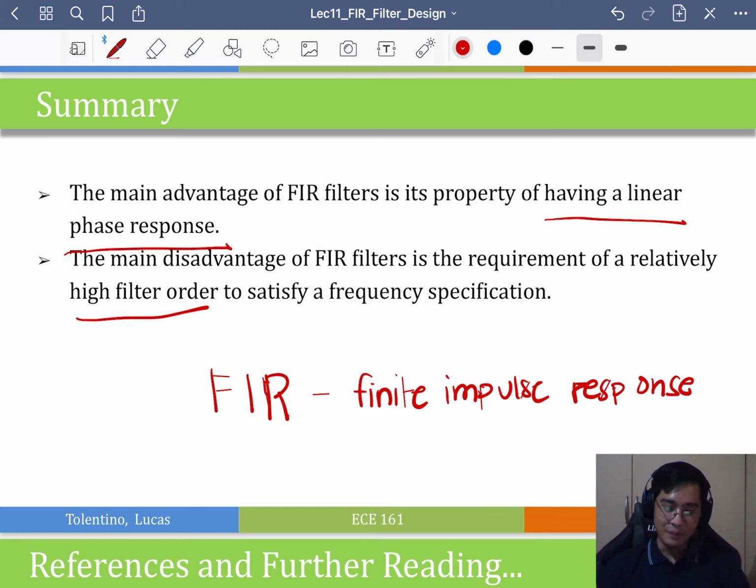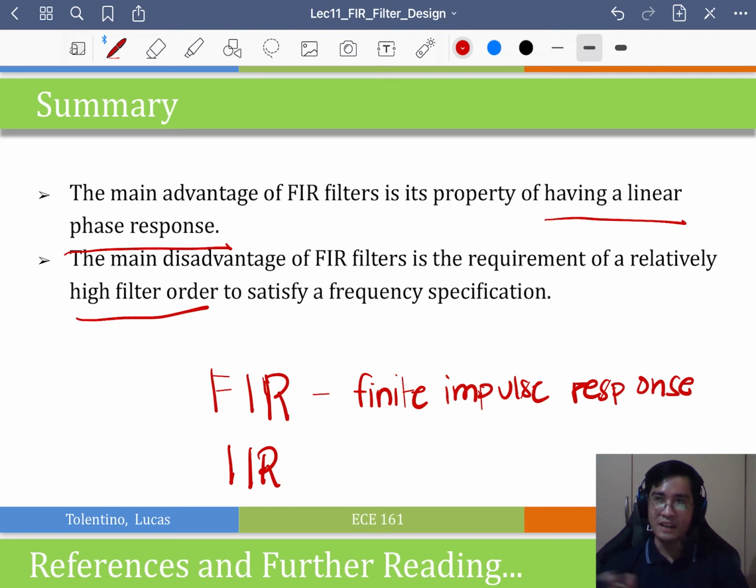But the next topic will be the infinite impulse response. This is an infinite duration impulse response, and we can satisfy the same frequency specification with a lower order because we have an infinite duration. But the problem here is that the property of having a linear phase is difficult to achieve.